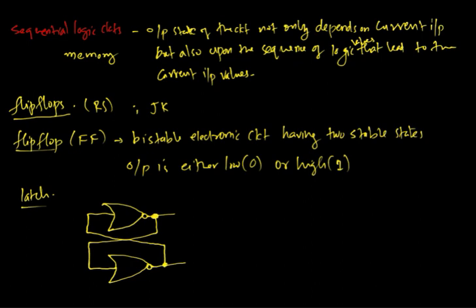So if you consider two NOR gates A and B with two outputs Q and Q bar, now let's see the working of this circuit.